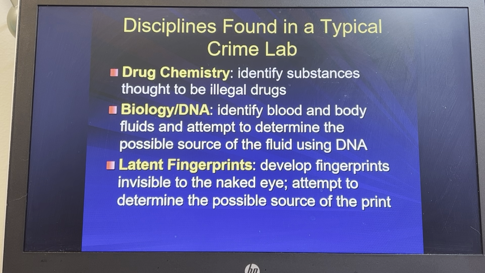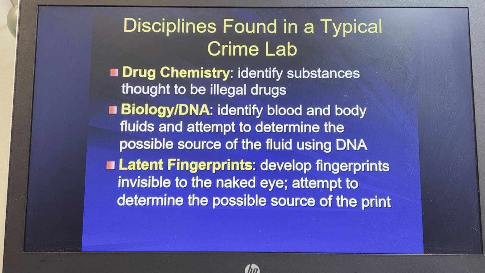Everything from marijuana, if that is illegal in that particular state, to methamphetamine, heroin, something in a manufacturing setting like a meth lab, to a baggie of white powder that is found in someone's car during a traffic stop. So they look at tablets, powders, pills, and will identify what drug is present and then how much of it is there. Okay, so that's what drug chemistry does.